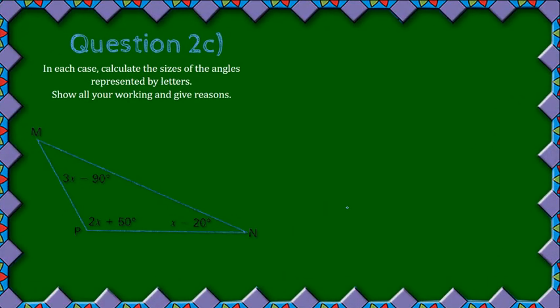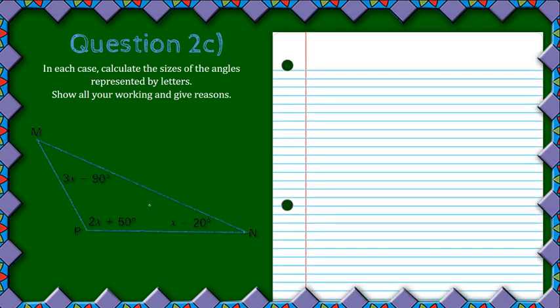And then question 2c. So once again, in each case, calculate the size of the angles represented by letters and show all your workings and give your reasons. Okay, so here we first draw our table, and over here we see that we've got each of these angles in terms of x, okay? But we do know that all these angles add up to 180.